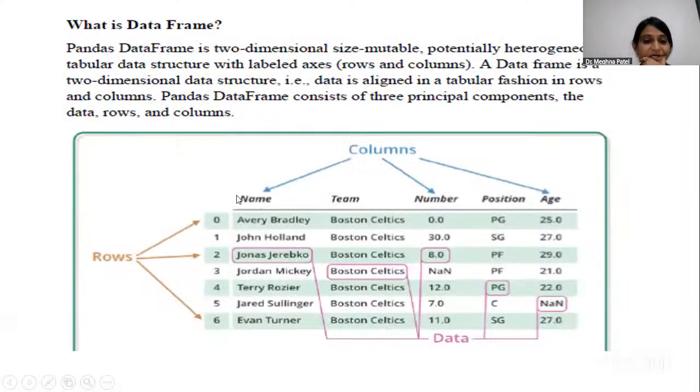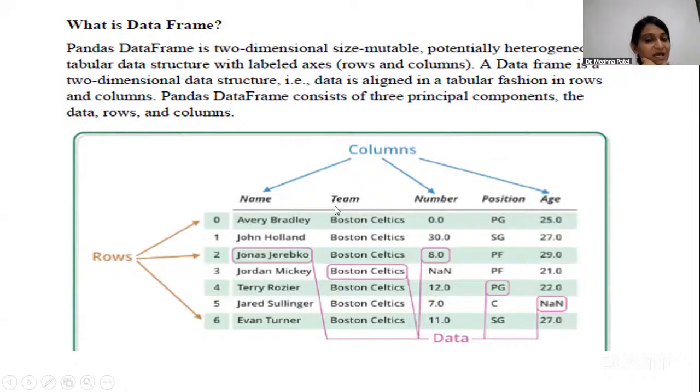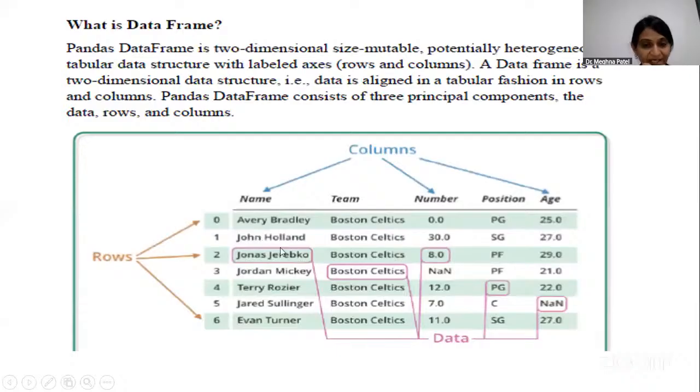Like this, see here the calories column is there, and the second one is duration, so two columns should be generated. The calorie values 420, 380, and 390 are displayed here, and the duration is displayed like this. It will show the table structure, or DataFrame structure.